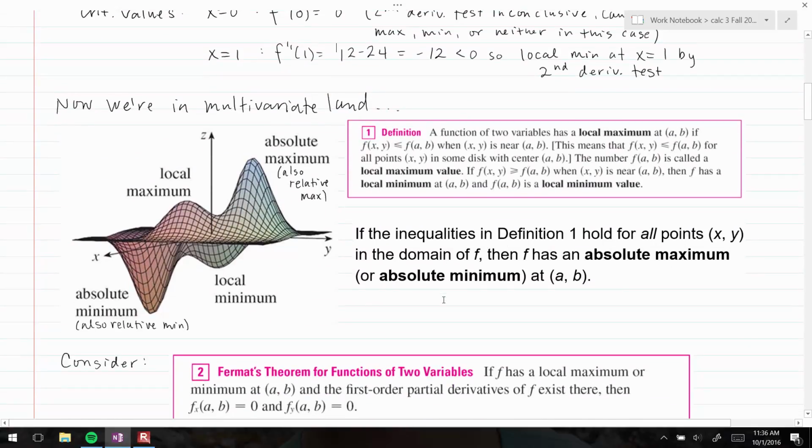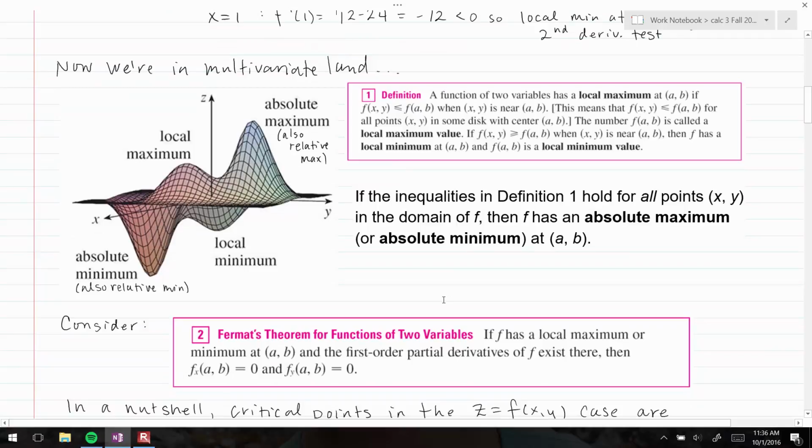So here we are in multivariate land, just showing what a local and absolute minimum, all those things look like. There's a nice graphic from your book here that I included. Notice for the absolute maximum, the z attains a high point locally. Here the neighborhood is defined by a disk. If you can imagine, at this absolute maximum, z is the high point for some radius about it.